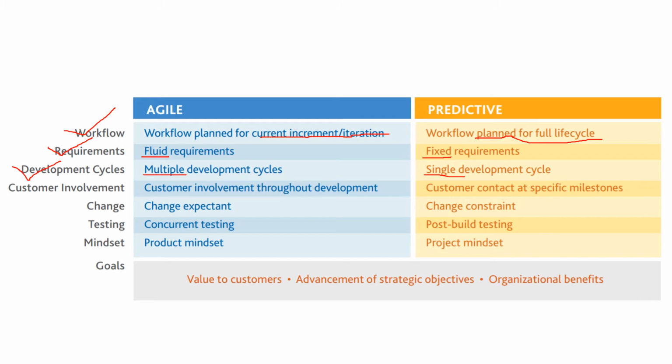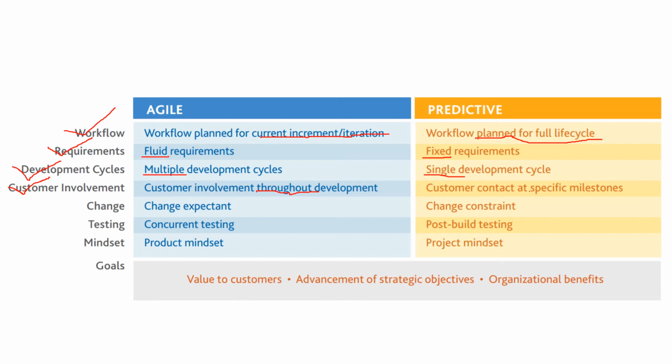All right, moving on. The next is customer involvement throughout the development, and here's the difference. In agile, the customer is expected to be involved throughout, since there are multiple development cycles and the customer can be part of those cycles. But in the predictive model or our traditional waterfall model, the customer is contacted at specific milestones.